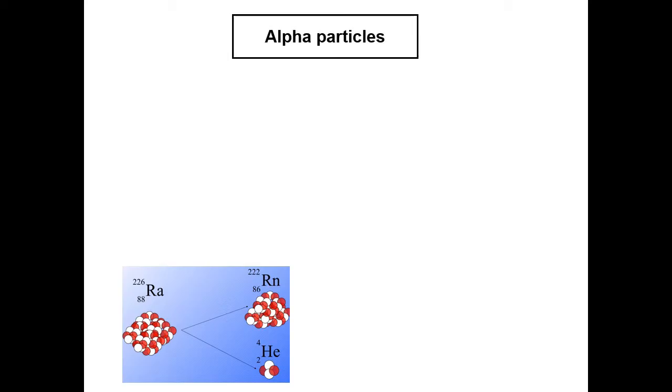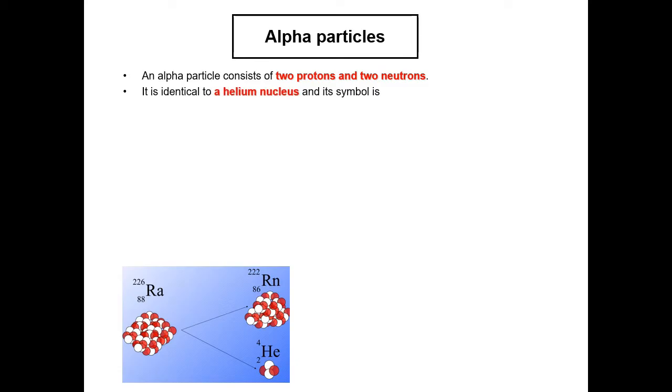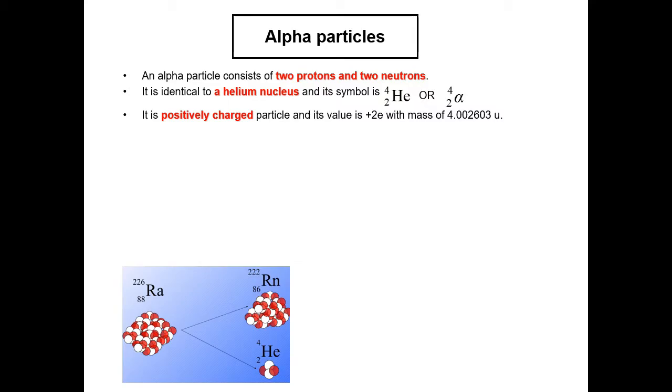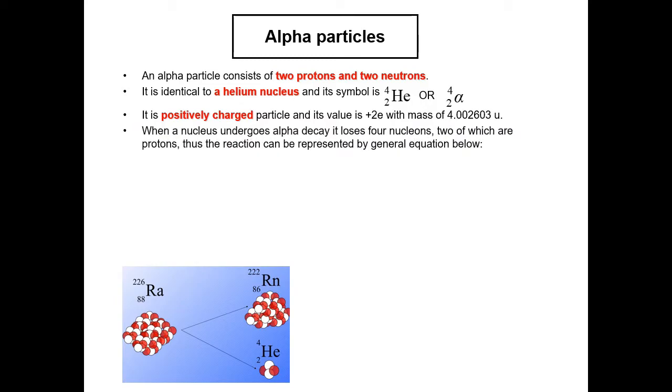Alpha particles consist of two protons and two neutrons. For example, helium-4, or you can use alpha. It is positively charged, with a value of positive 2e, and a mass of 4.002603 U. And this is the equation for alpha decay.